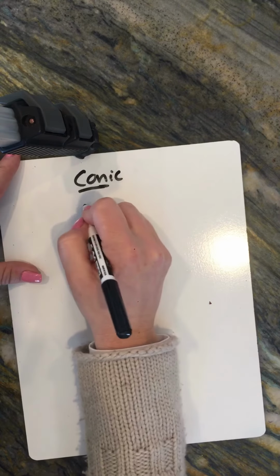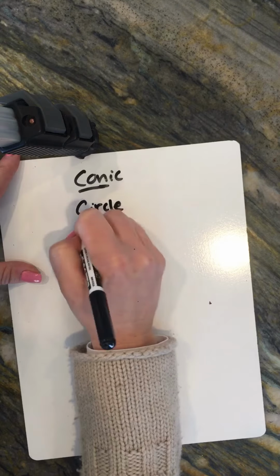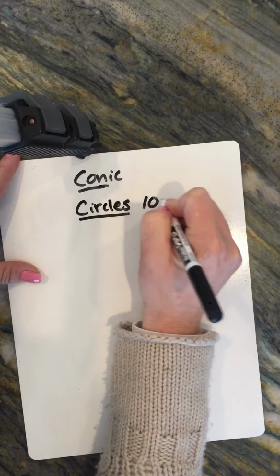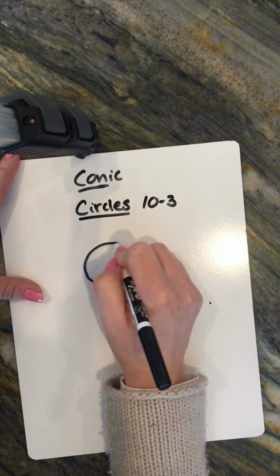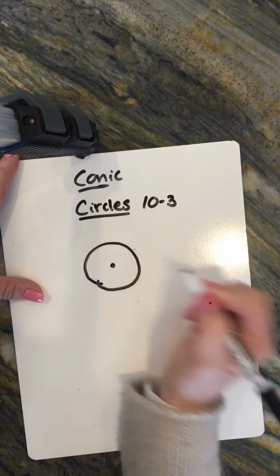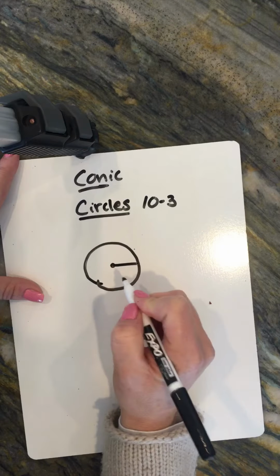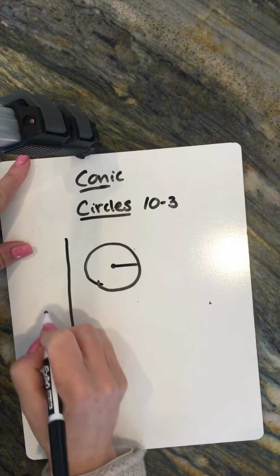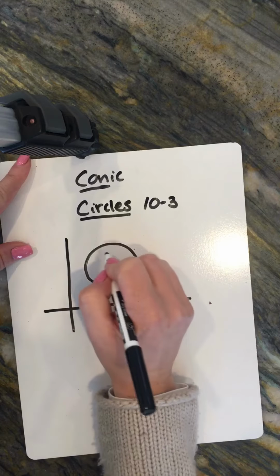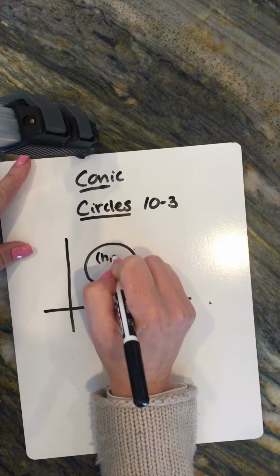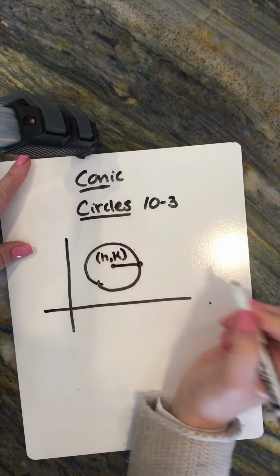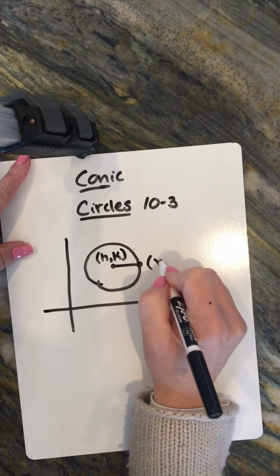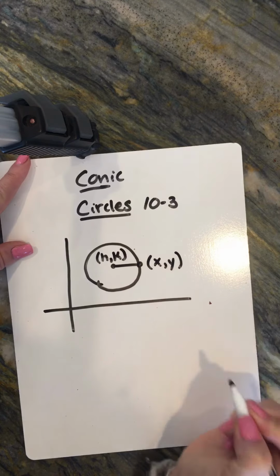So circles, a brief review of circles. This came from 10.3. And we talked about a circle being described by its center and its radius. When you put a circle on a coordinate plane, the center is described by the coordinates h, k, and the radius will hit somewhere at a point x, y.